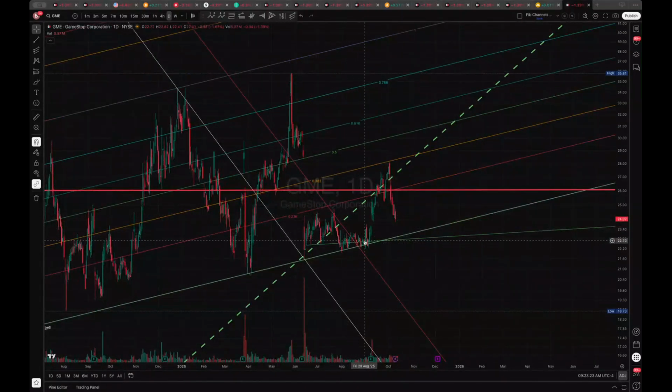Kind of traded sideways near it here. This is, I think, just indicative of the macro conditions, everyone being very tentative and waiting. Also, a little bit of suppression going into earnings. So a lot of different things going on here. Just straight trading sideways going into earnings, which were obviously very strong.